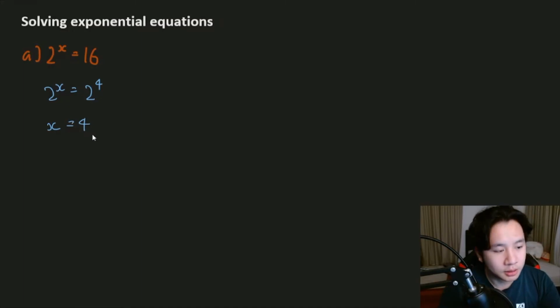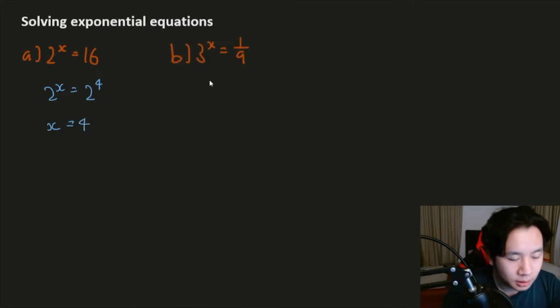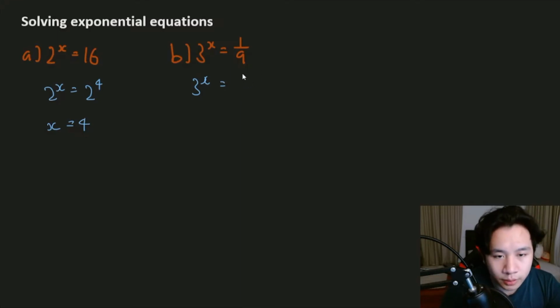All right. So just remember, both sides should have the same base, just like in this line right here. So here we have 3 to the power of x is equal to 1 over 9. So what you can do is write this. Actually, no. We can write this as 1 over 3 squared, because 9 is just 3 squared.